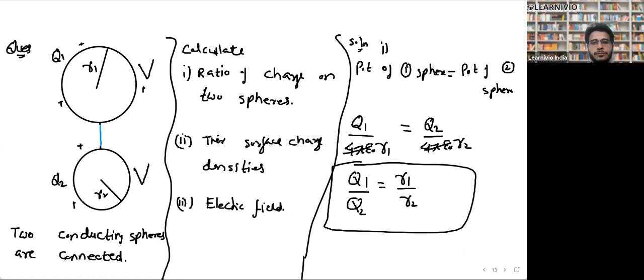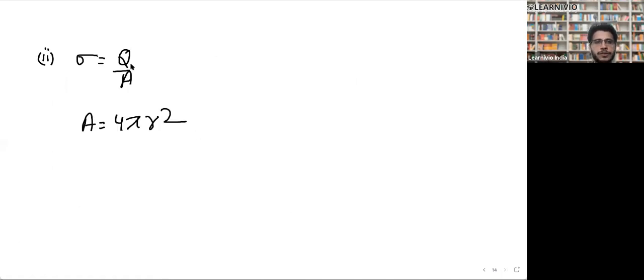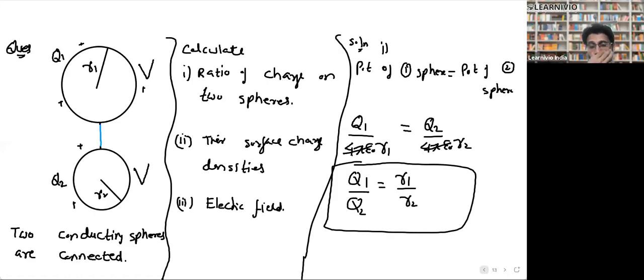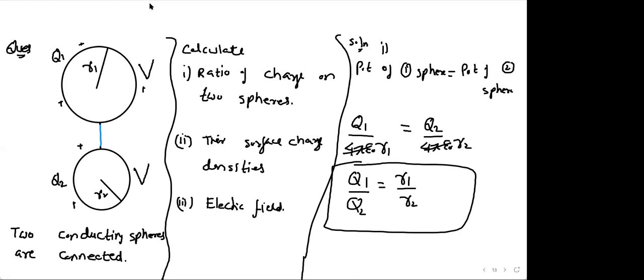We just have to find the ratio of the surface charge densities, sigma 1 and sigma 2.